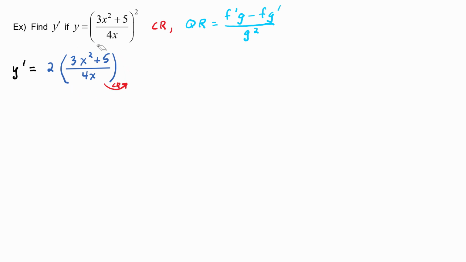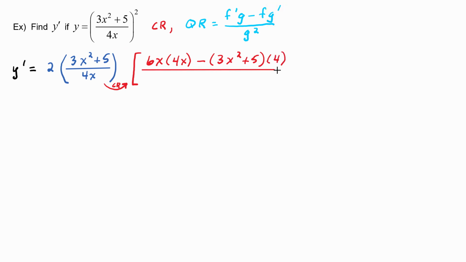So now, in order to find the derivative of our stuff, we have to apply the quotient rule. So we have to do f prime, which would be the derivative of the numerator, which is 6x, times g, which is our denominator, 4x, minus f, which is the numerator, 3x squared plus 5, times g prime, and the derivative of 4x is 4.